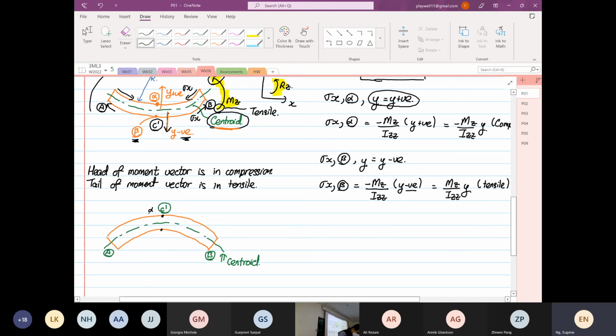I'm still calling the top one alpha and the bottom one beta, right? So I want you to observe. We now know that alpha is going to be under what? Compression or tension? It's going to be longer, right? So it's going to be in tension. At point beta, it's going to go through compression. Okay, so opposite from the one above.